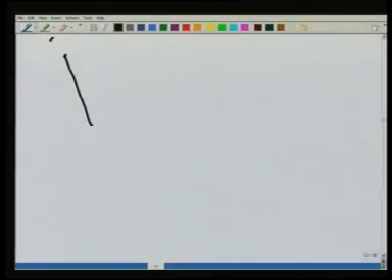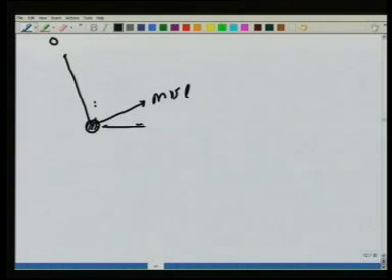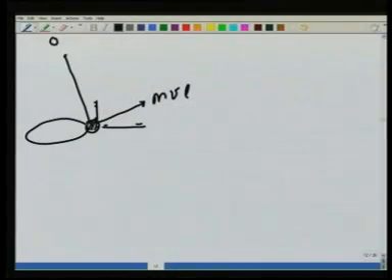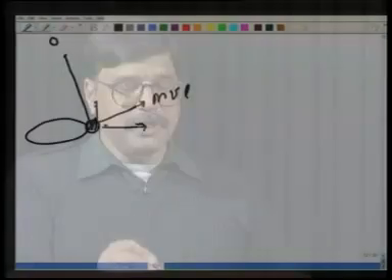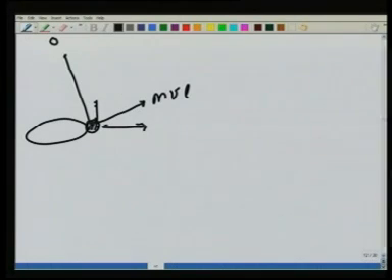So what we have learned by calculating angular momentum about this point O for this bob is that it is perpendicular to this, and its magnitude is m v L. It has a component in this direction and a component in this direction. As the bob moves around, the r unit vector changes, and therefore this component changes direction, whereas the vertical component remains constant.